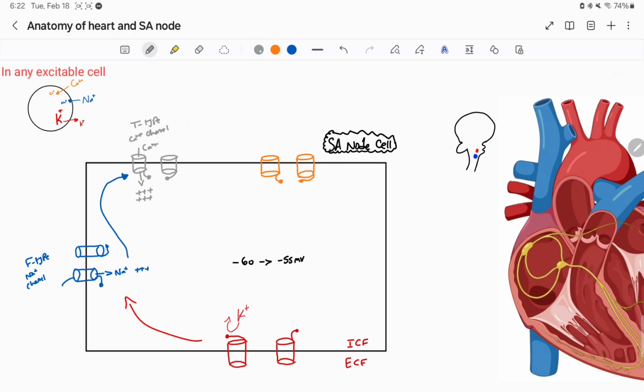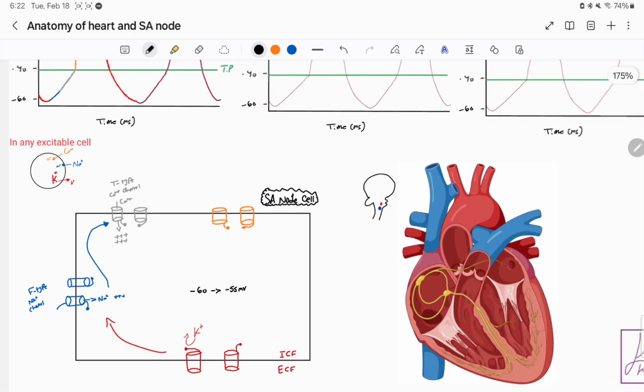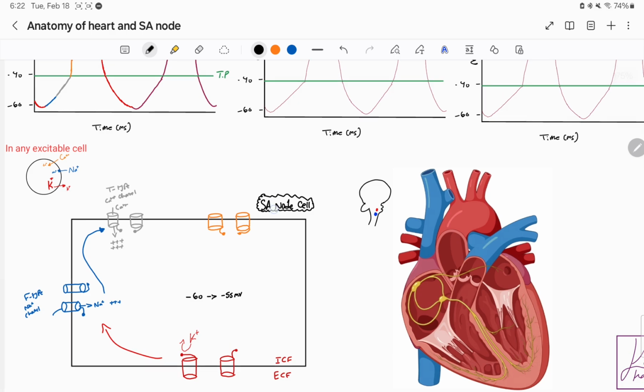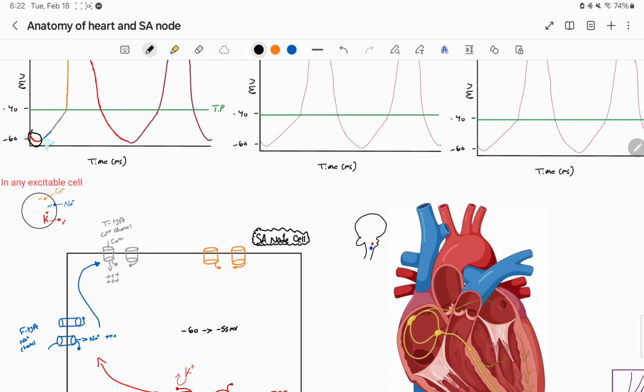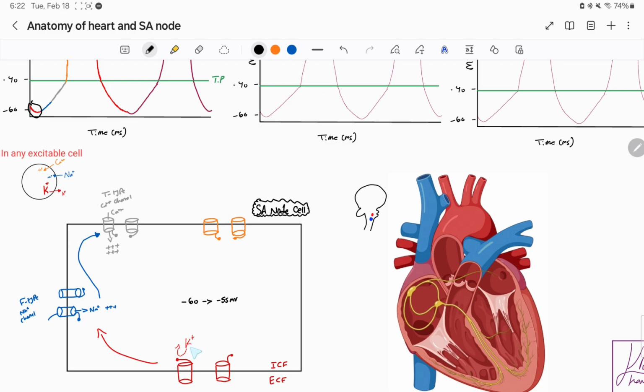Now, something I have to tell you. Remember I said that this is color coded with the graph. So let's go with that for a second. First things first, this red portion. The permeability of the cell to potassium decreases. You guys know how potassium likes to leak out of the cell, right?